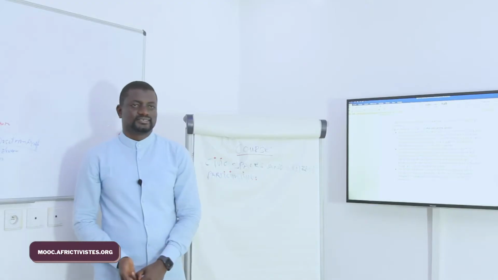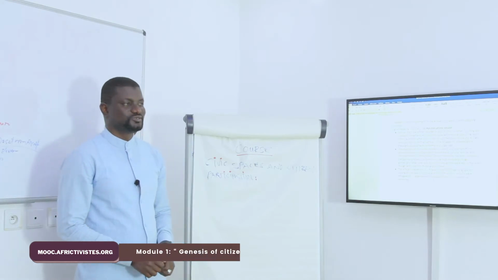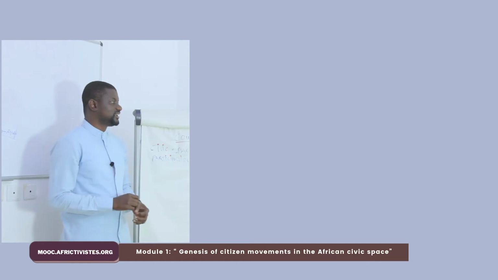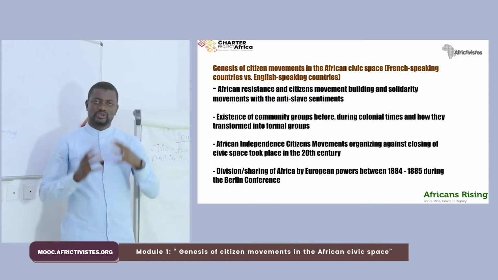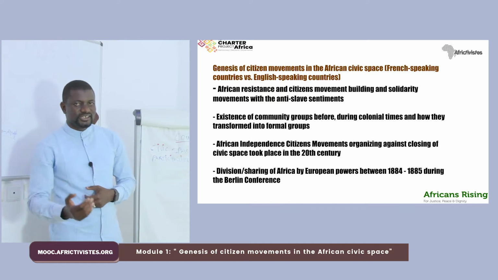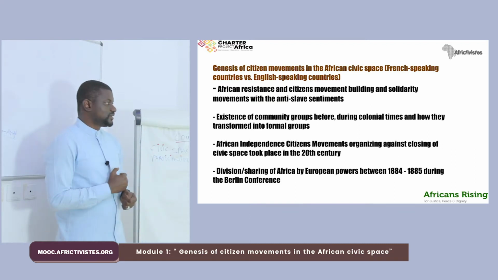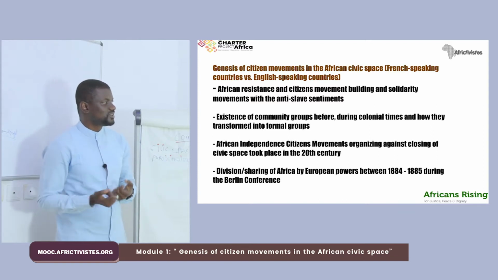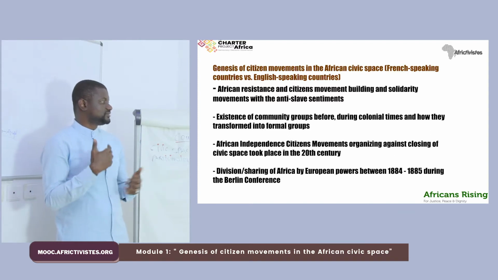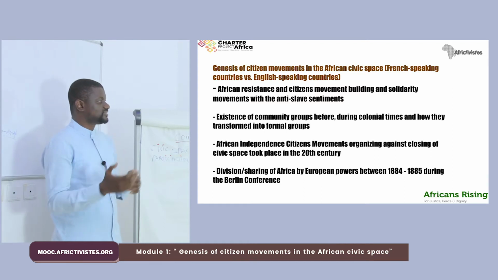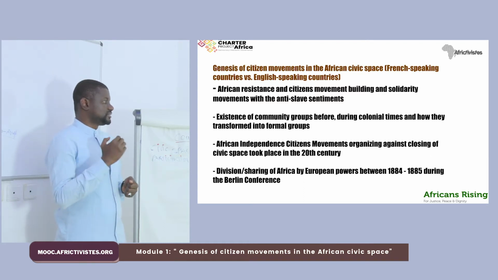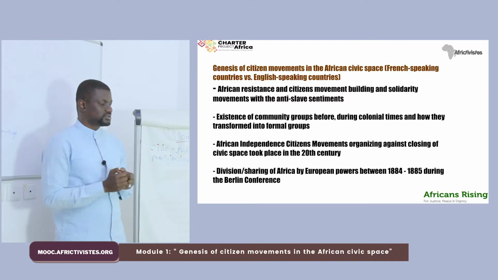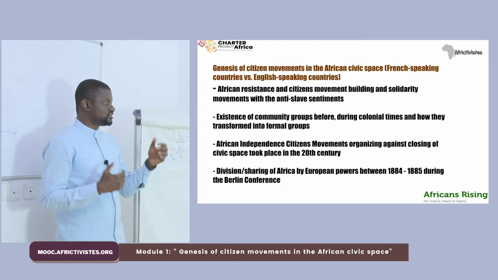Civic space and citizen participation, module 1, genesis of citizen movement in African civic space. We're looking into French-speaking and English-speaking countries. We can trace African resistance and citizen movement building, solidarity with anti-slave sentiments, and also the revolt of African Americans during the slave trade.